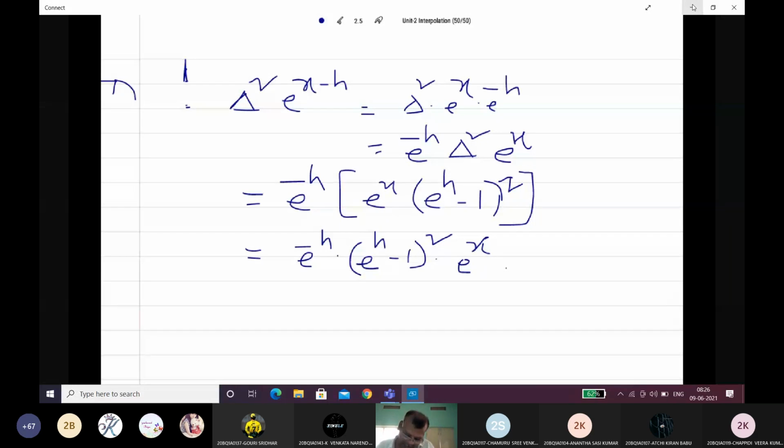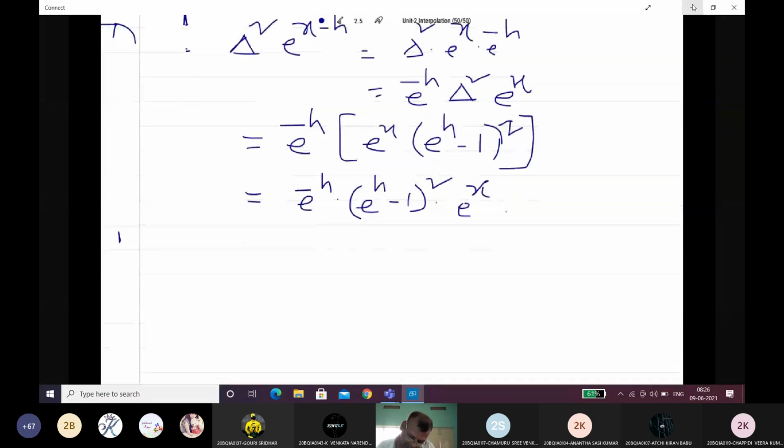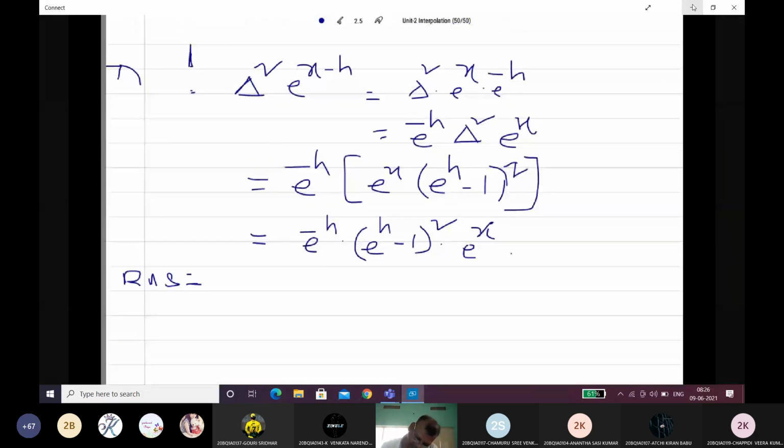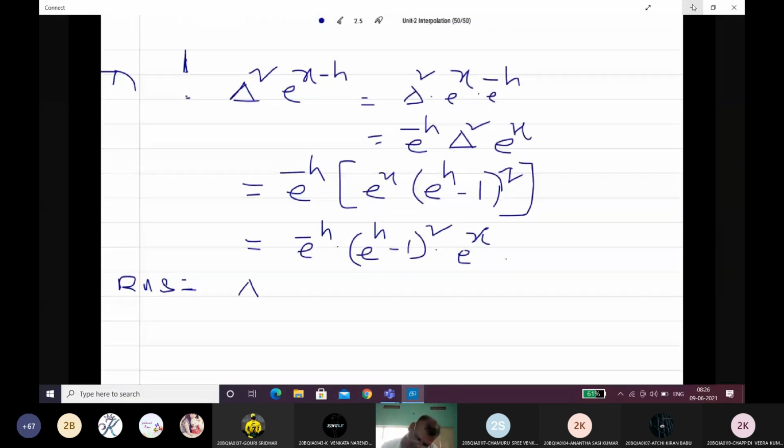Now we have to take the RHS, right hand side. What is RHS? Delta square by e into e power x into e of e power x divided by delta square of e power x. This is RHS one.